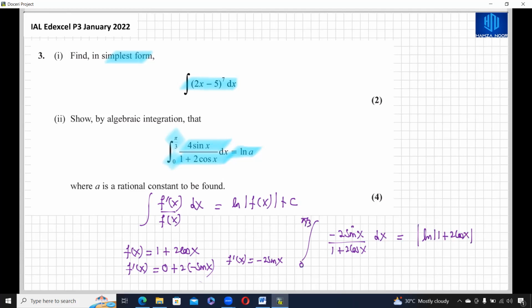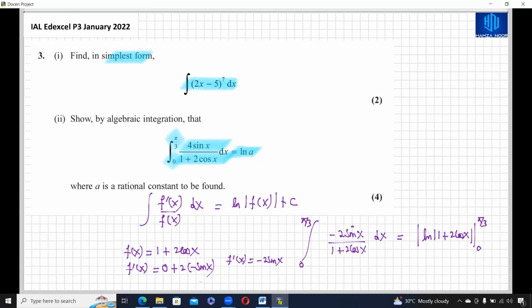So I'm going to write pi over 3 and the lower limit 0 like this. Okay, the upper limit is pi over 3 and the lower limit is 0. So now what you need to understand is that if the integrand was given to you in this form, minus 2 sin x divided by 1 plus 2 cos x, then when you integrate this fraction, you would get ln modulus of 1 plus 2 cos x.